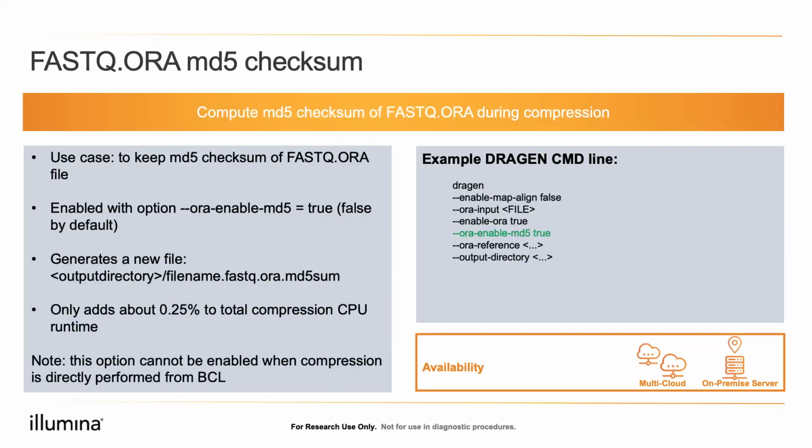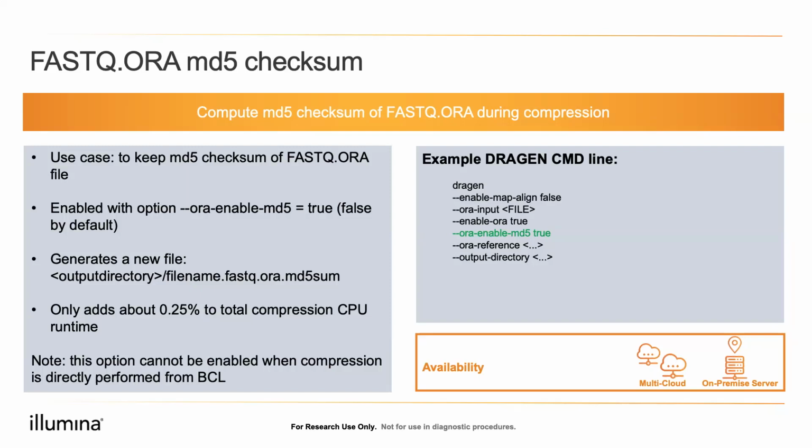We've also had some requests from customers about enabling an MD5 checksum of FASTQ.ORA as part of compression. So we've taken that feedback. We've heard that this is important to be able to adopt DRAGEN ORA compression. And so we've now enabled that as part of DRAGEN version 4.0. You can use it with this flag, enable MD5 true, and it generates a new file under the output directory that has the MD5 sum.